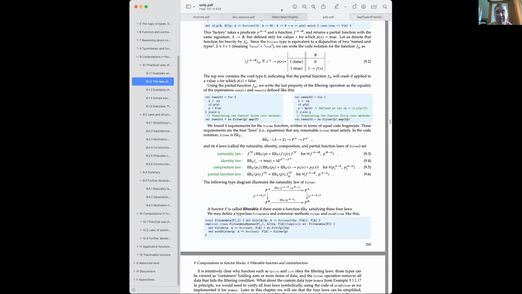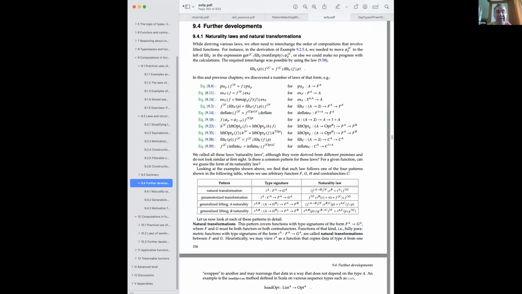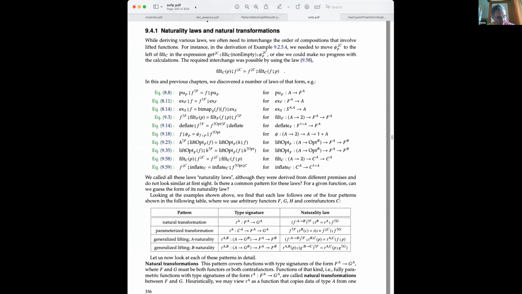I usually look at the book on my other computer, which is behind me, and so I don't have it on this one. Okay, what section? Oh, 9.4.1. Further developments. Yeah, this table with the naturality laws.